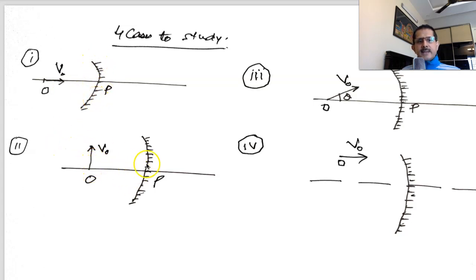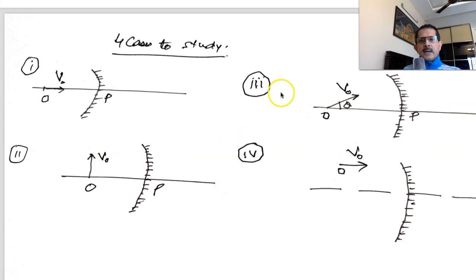In the second case, when we are moving perpendicular to the principal axis. What is the principal axis? This is the principal axis. So perpendicular to the principal axis with some velocity, let's say Vo. In the third case, when we are moving with an angle theta with the principal axis towards the mirror or towards the lens, whatever it is.